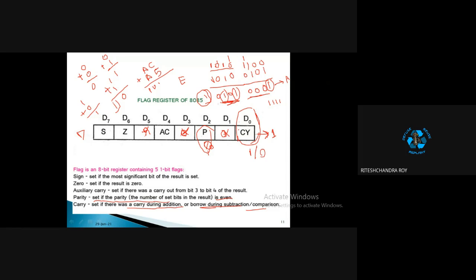Ma'am, why is it required to know that set bits are even or odd? Is it necessary? Yes. See, when you find the application of this, let's say for example you want to check whether your number is an even number or an odd number.